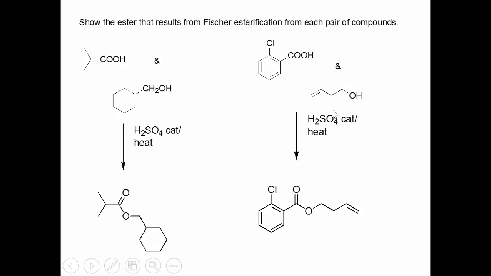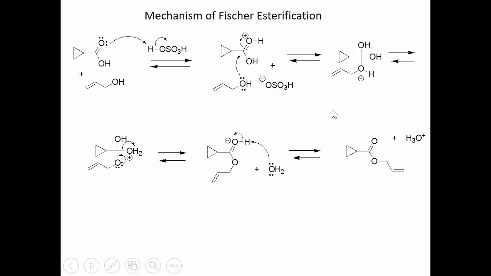Okay, so let's look at the mechanism of the Fischer esterification, and I'm going to draw every reaction here as an equilibrium arrow, because the only thing that controls the direction of equilibrium is what you do with the water that's produced as a byproduct. In the Fischer esterification, you want it to go to the right, so you want to minimize the amount of water.